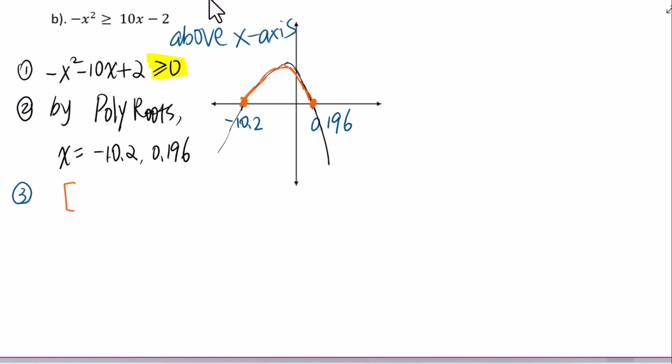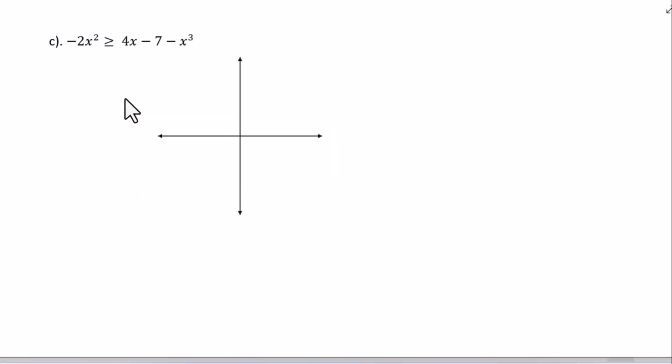So we can write down the solution by interval: negative 10.2, 0.196, both brackets. Or you can do x greater than or equal to negative 10.2 and less than or equal to 0.196.